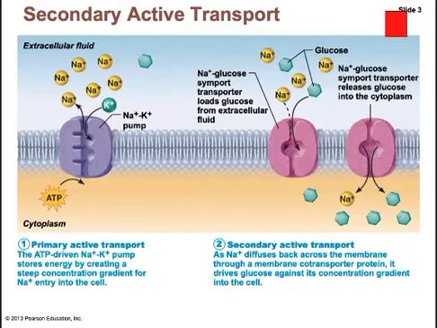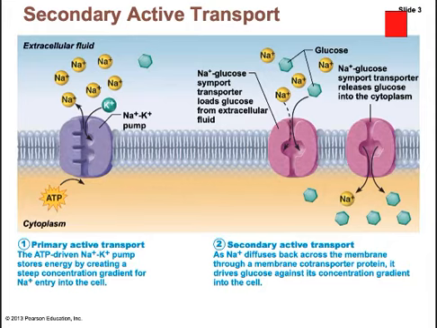When we look at secondary active transport, we're talking about harnessing a pre-existing gradient in order to pull material in against its concentration gradient in order to allow the cell to get what it needs either from the outside or pitch what it doesn't want inside.